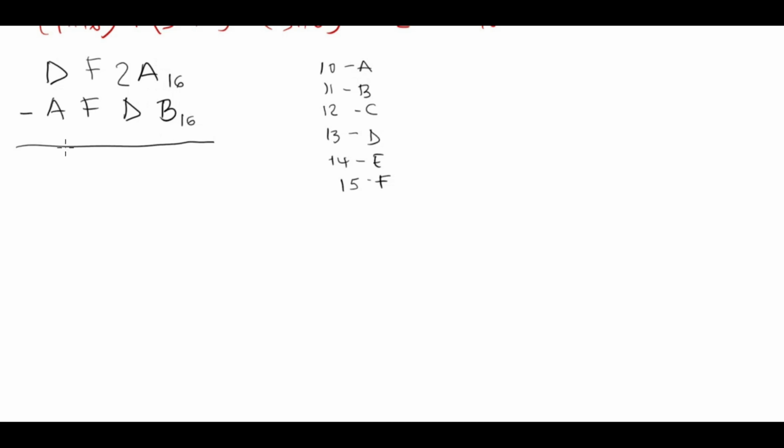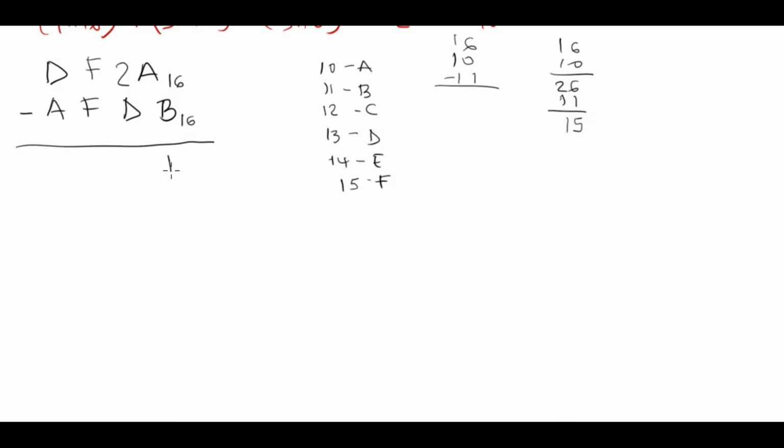So A minus B. A is 10. 10 minus 11. So you cannot. You carry 1 from this side there. When you carry 1, it becomes 16. So 16 plus 10 is 26. 26 minus 11, that is 15.